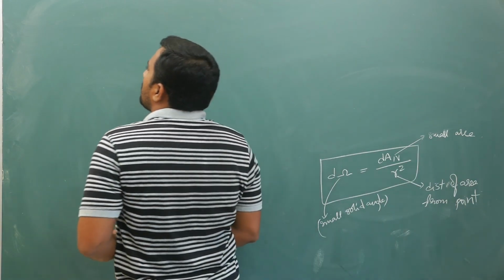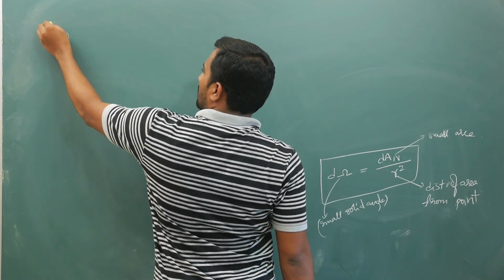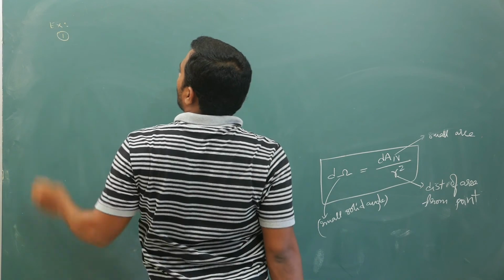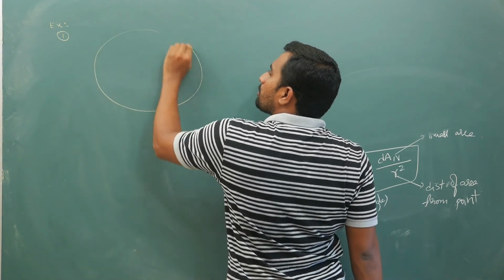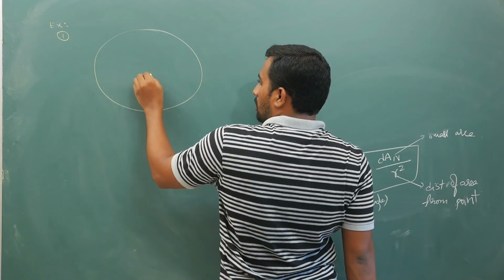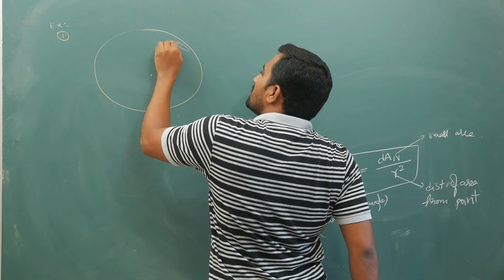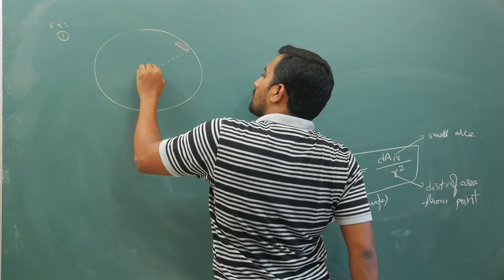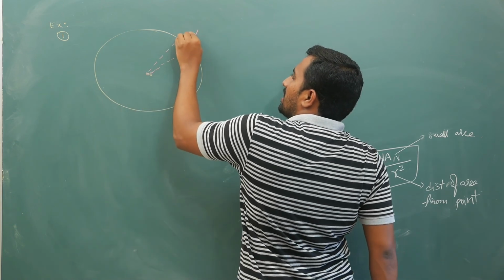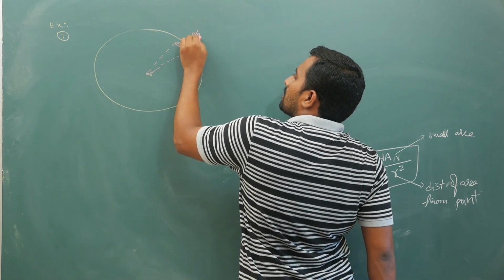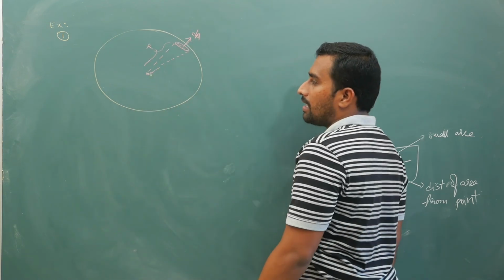So now, for clarity's sake, I will give some examples. So what is this solid angle? If you take a sphere like this, and take a small patch of region on this sphere with area dA, because it is on the surface the distance will be r.